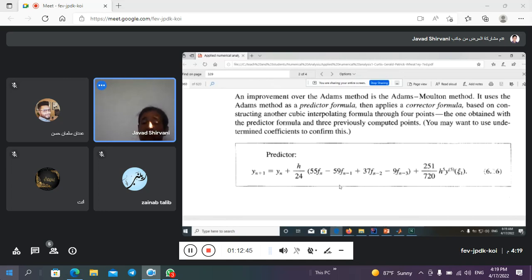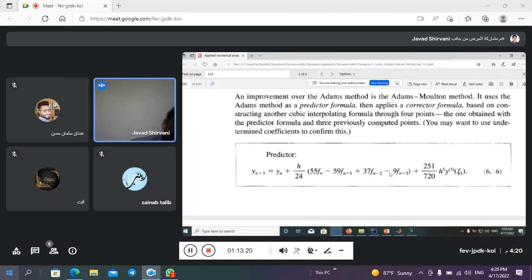It uses the information of the last 4 steps to obtain the next step. Here we have Fn minus 3, Fn minus 2, Fn minus 1, and Fn.